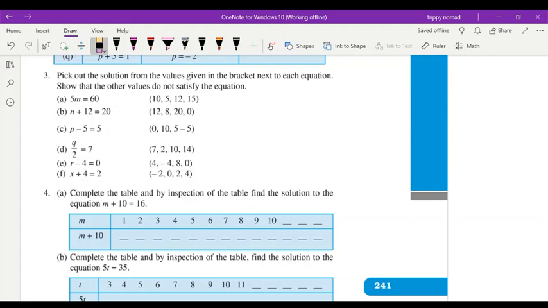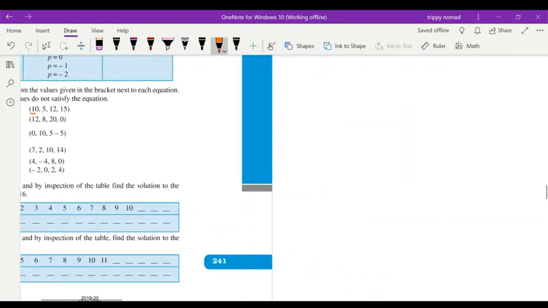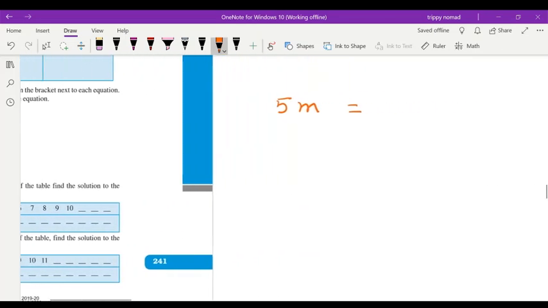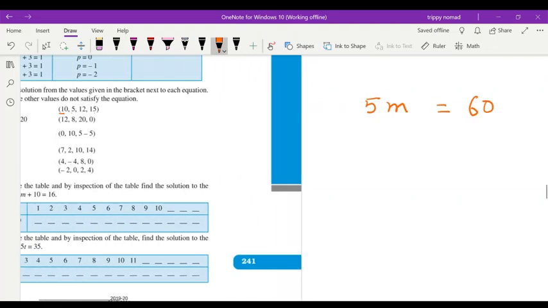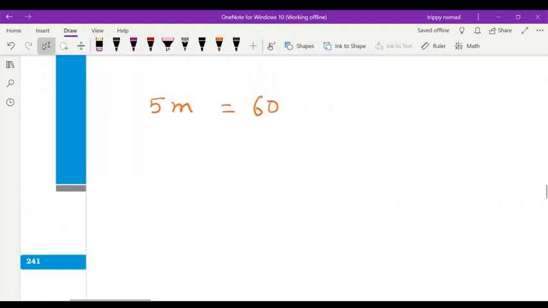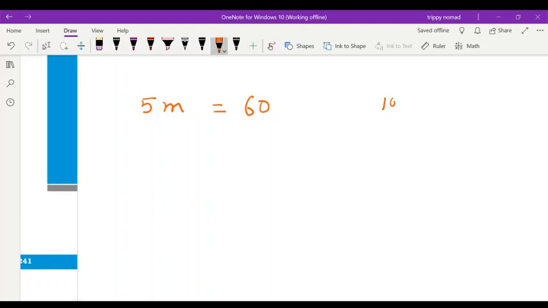The equation is 5m is equal to 60, and the values we can put are 10, 5, 12, and 15. Out of these values, which value will satisfy 5m is equal to 60?